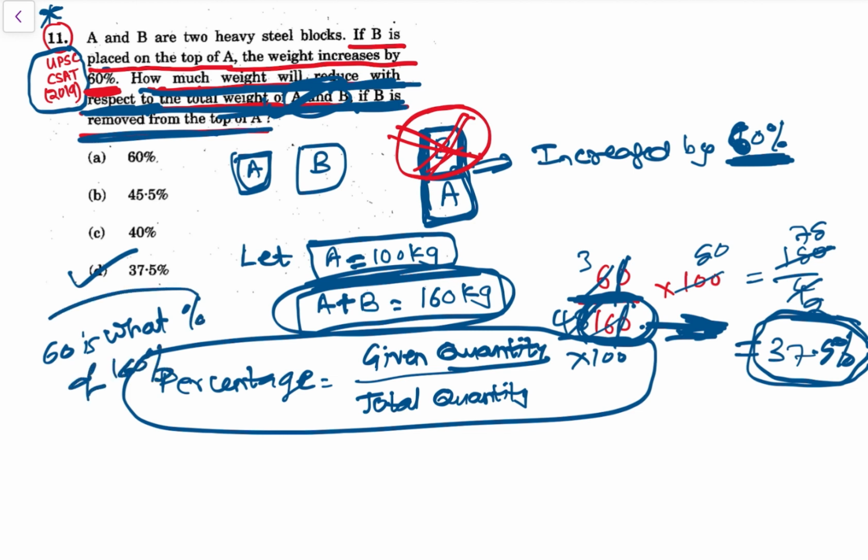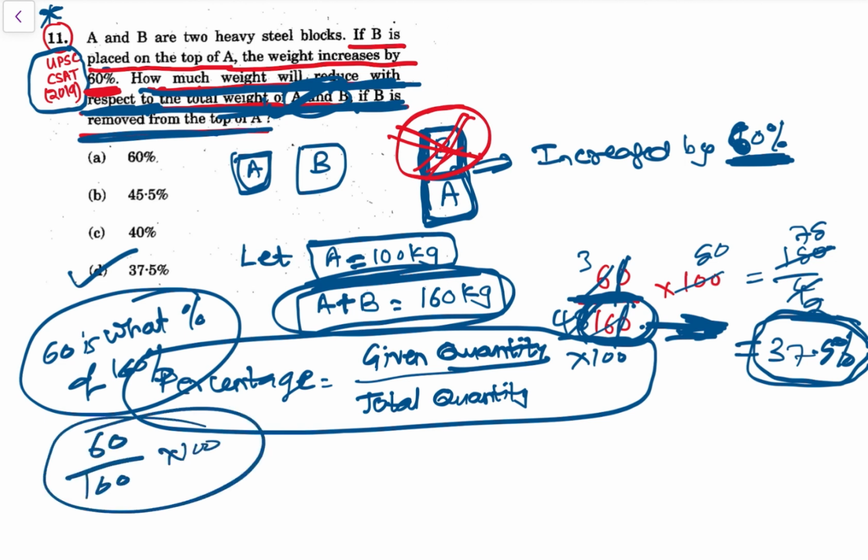That is the question: 60 is what percent of 160. So that is 60 by 160 into 100. That's what the question is asking. Because we are removing 60, 60 is what percent of A plus B, that is 160, into 100. So that would be the answer.